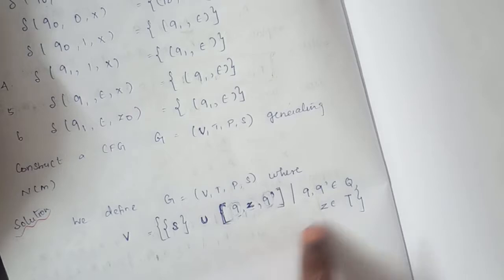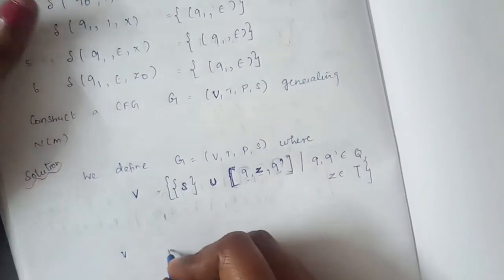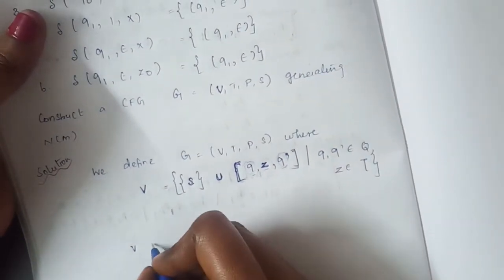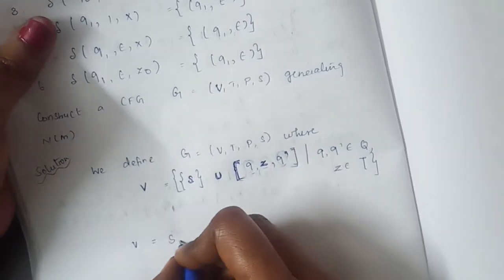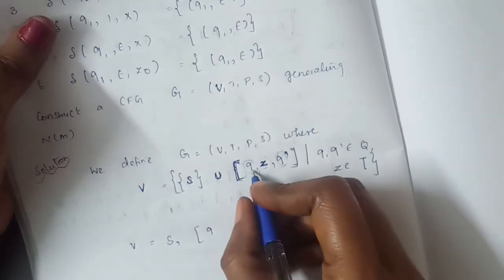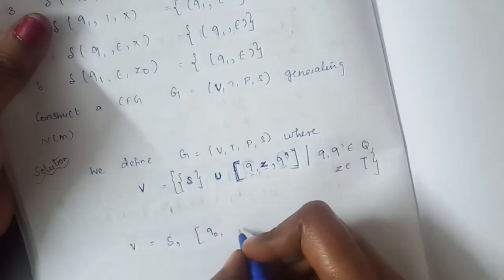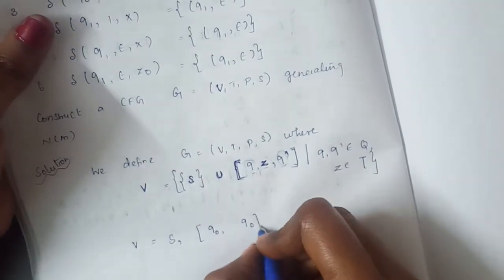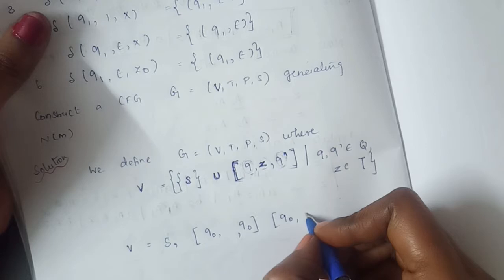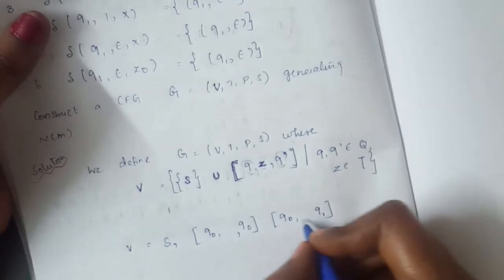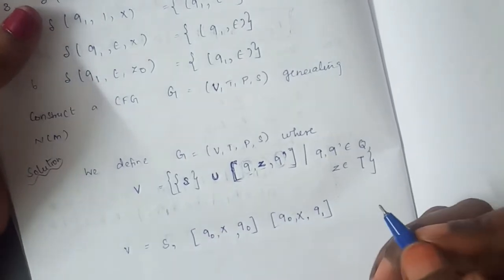So when we see this, we have to find the variables. Variable V equal to, this is a union operation, along with the start symbol. For this we have q naught or q1, and for this we have q naught or q1. So this is one combination, q naught X q naught, and similarly q naught X q1.